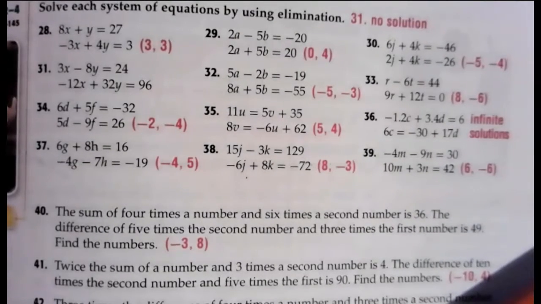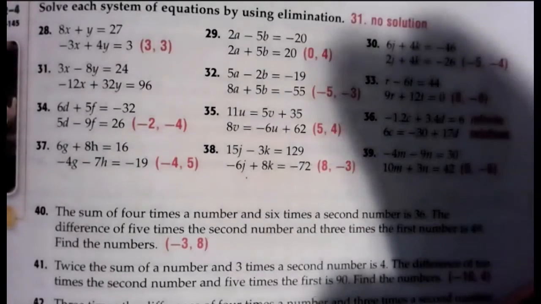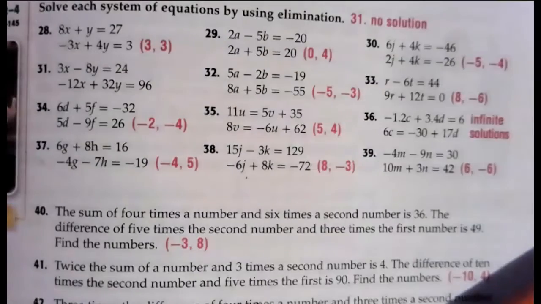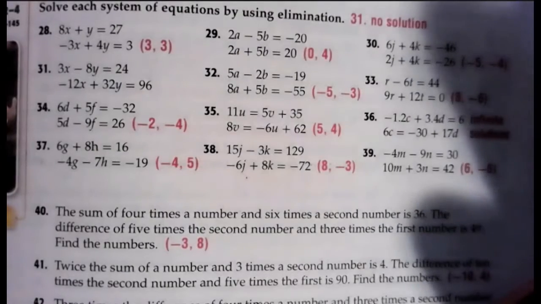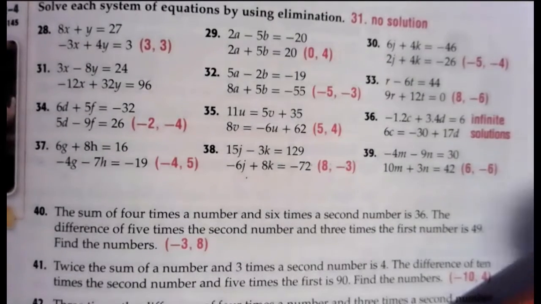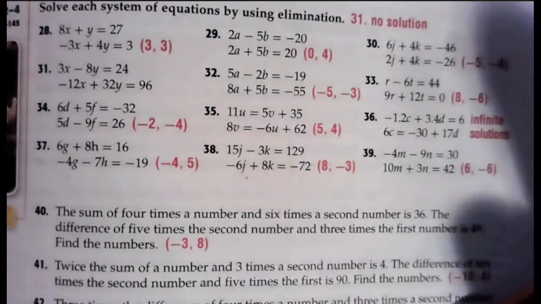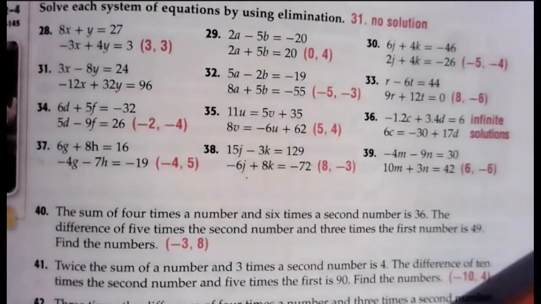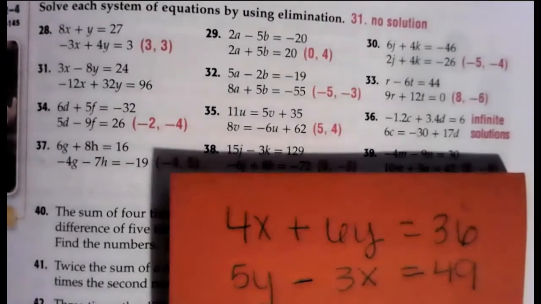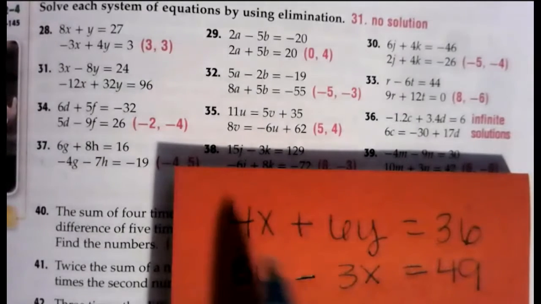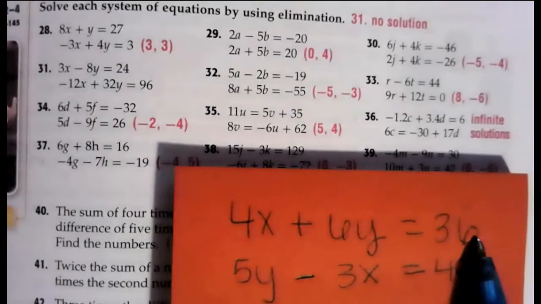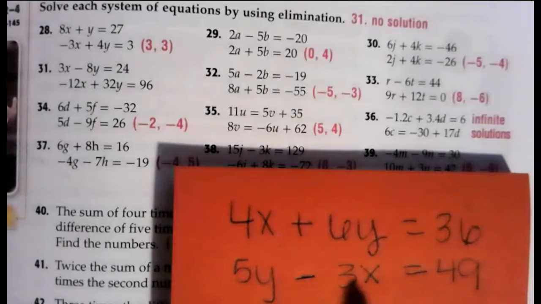And then it says the difference, so that means we're subtracting, of 5 times the second number, so 5y, and 3 times the first number, so 3x, equals 49. So in number 40, your two equations should have looked like this: 4x plus 6y equals 36, and 5y minus 3x equals 49.